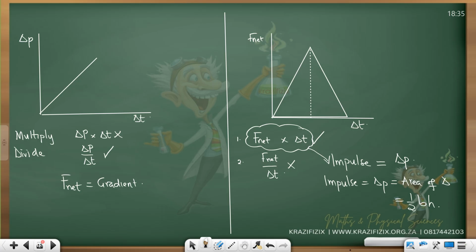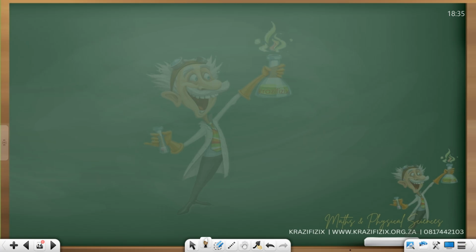All right, let's just play with one dynamics of formulas. Look at this. If I start by saying impulse, which is F net times, what's my unit here? It's Newton, right?